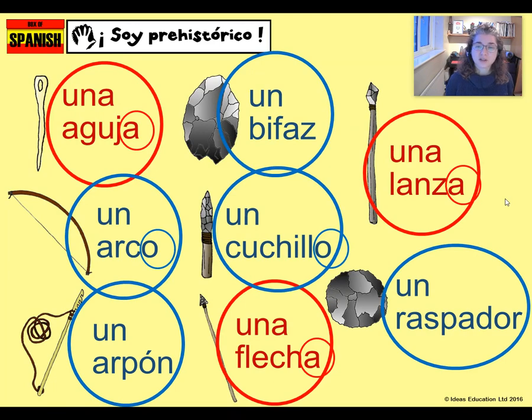Now, what we've got here is two different groups of words. The blue words that start with un and often end in o are called masculine words, and the red words that have una before them and often end in a, they are called feminine words. Now, in Spanish, every single noun, so the name of a person, a place, a thing, or an idea, every single noun is either masculine or feminine.